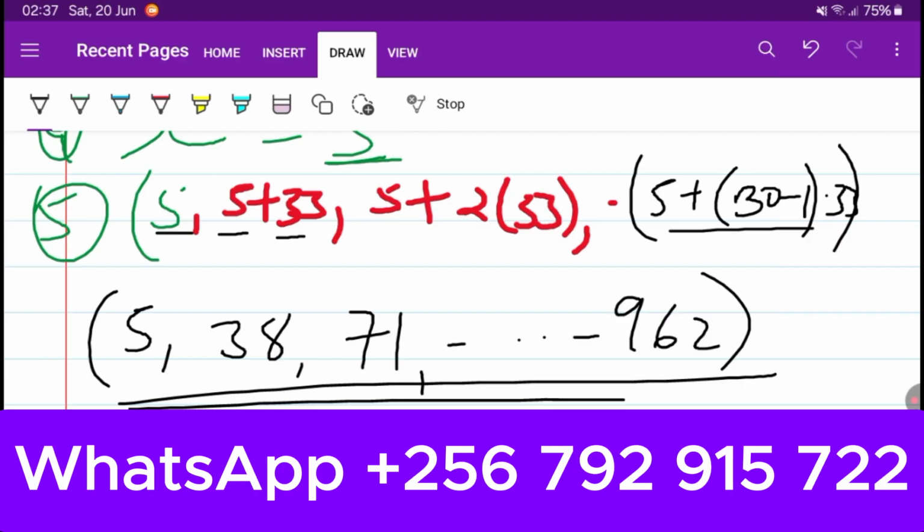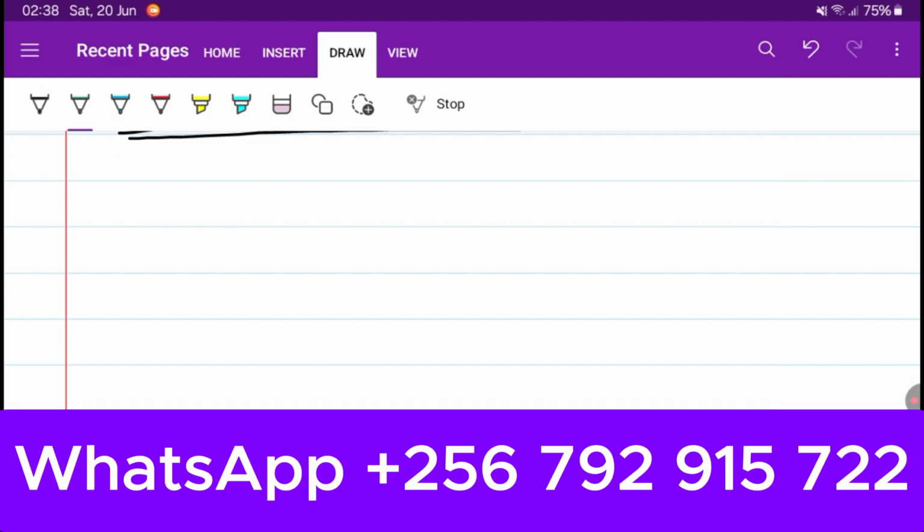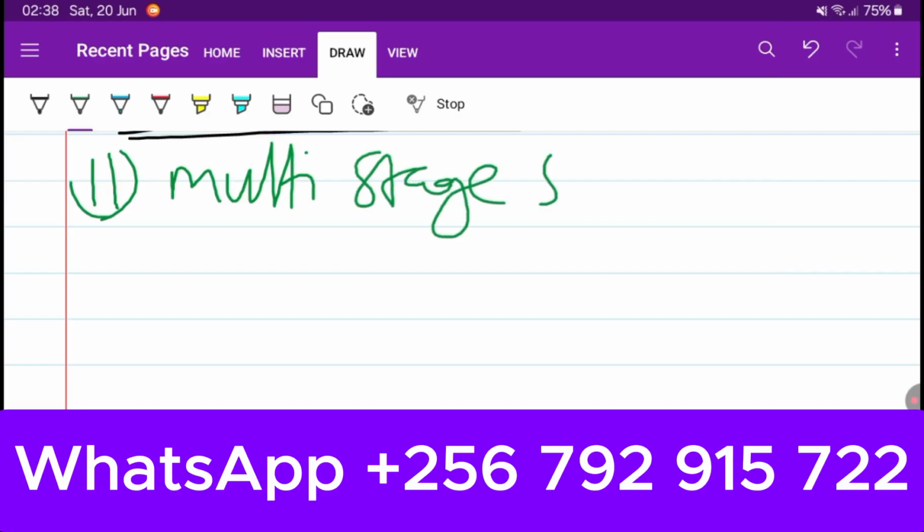So we need now to look at the multi-stage sampling, which is the other item within what we call the course random sampling. So this one is multi-stage sampling.